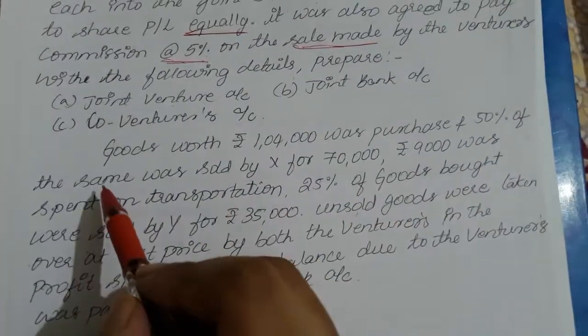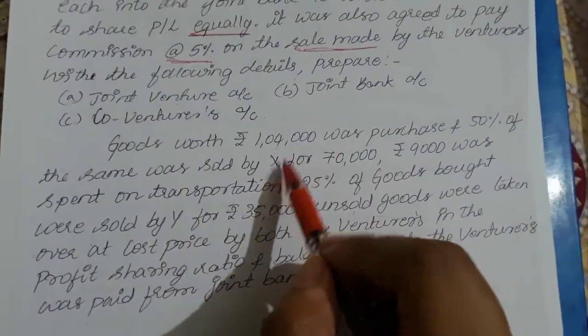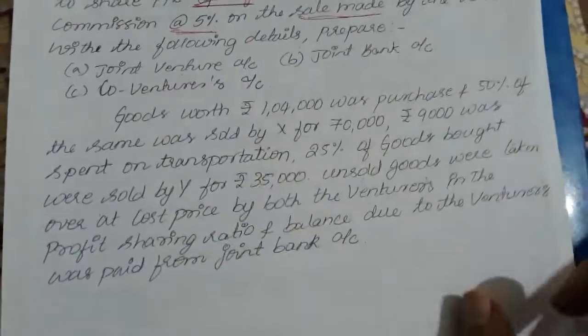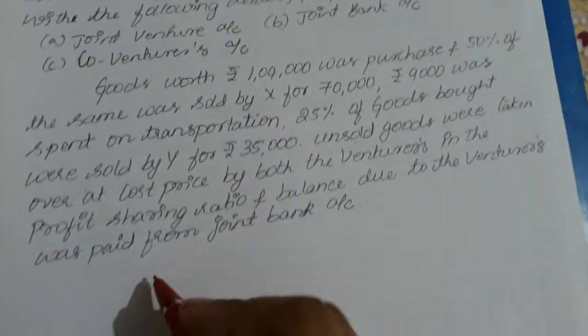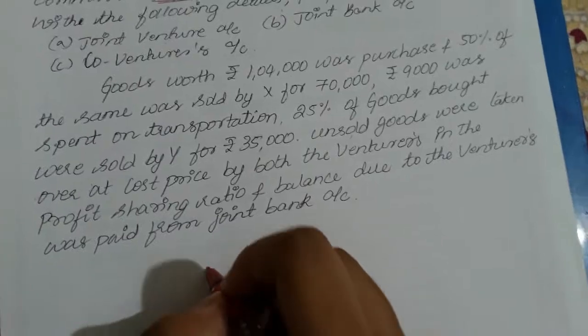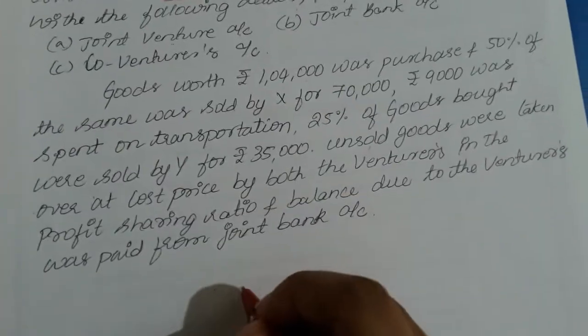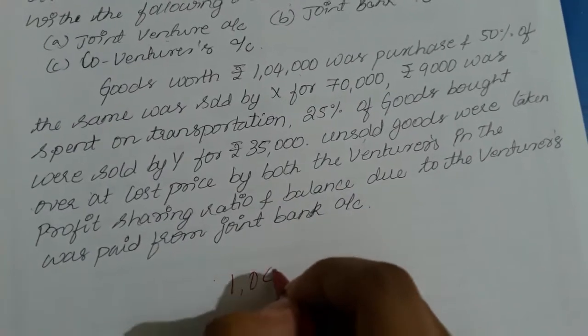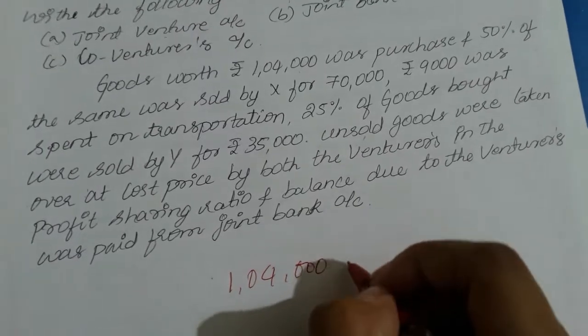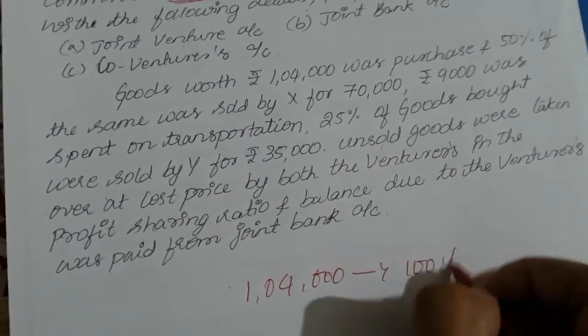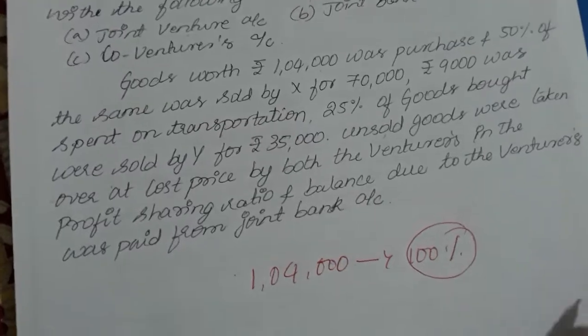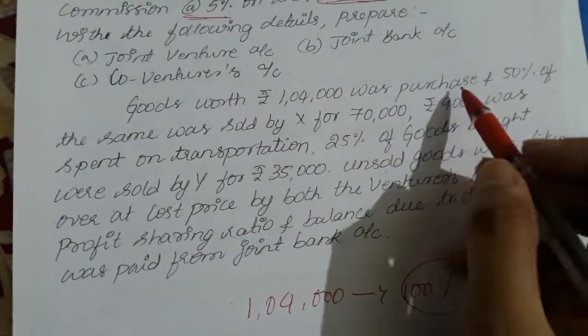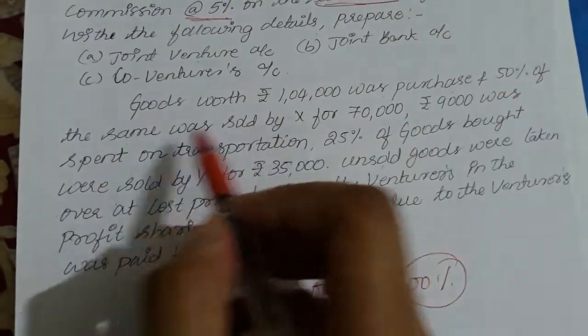And 50% of the same was sold by X. So here 100%. One thing you're supposed to understand is how much value of goods they have purchased. They purchased 1,40,000. We can also say this is 100%. So 1,40,000 is the 100%. It was purchased, and 50% of the same was sold.